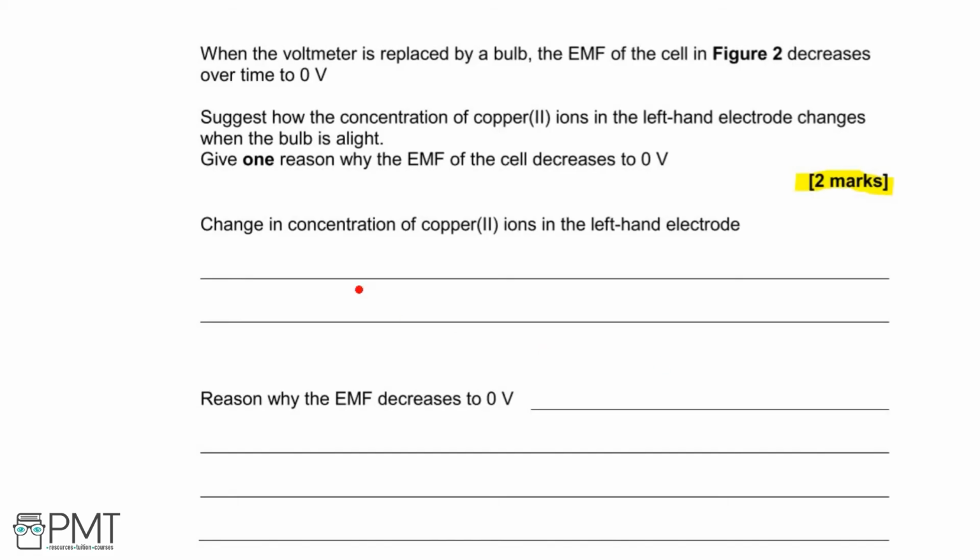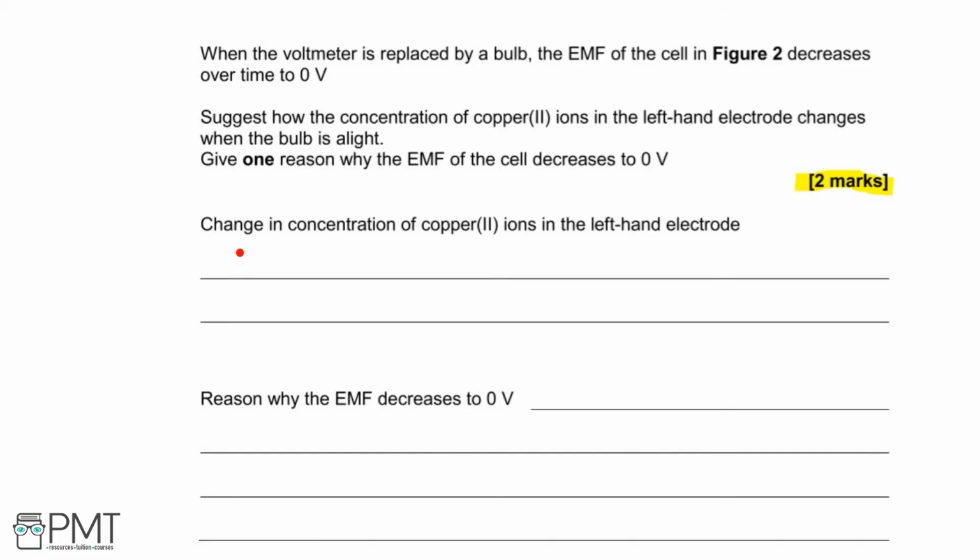Now, when it comes to the change in concentration of copper-2 ions in the left-hand electrode, we need to consider what the two electrodes are like at the beginning of this cell before it's turned on. To begin with, the right-hand electrode has got a higher concentration of copper-2 ions than the left-hand electrode.